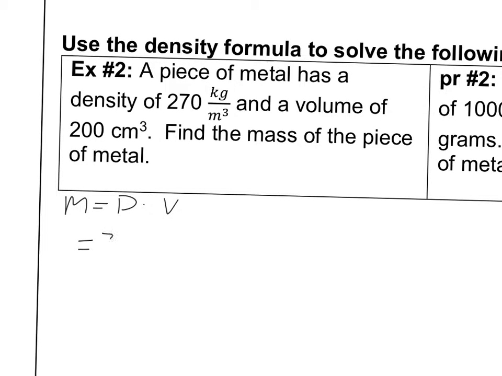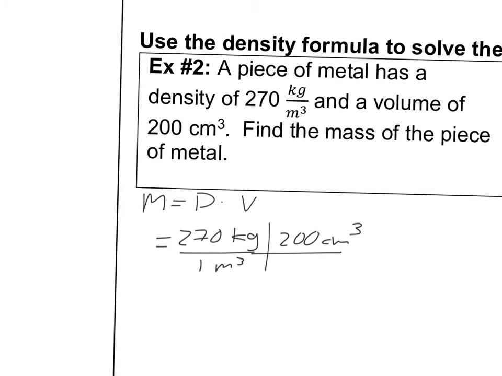So my density, I already know, is 270 kilograms, and that is over 1 cubic meter. Times my volume, which is 200 cubic centimeters. So here's the interesting thing here, is we need to convert either cubic centimeters to meters or meters to cubic centimeters. So let's talk about that real quick.